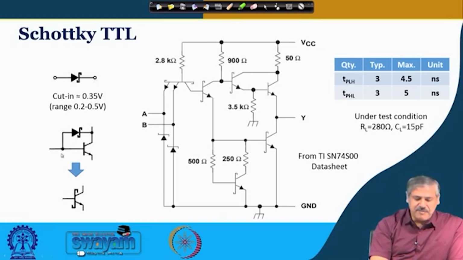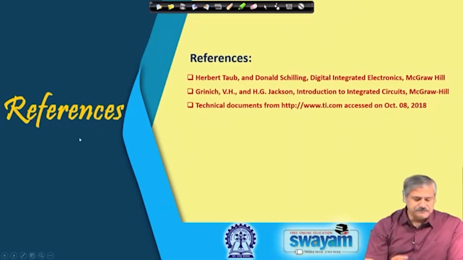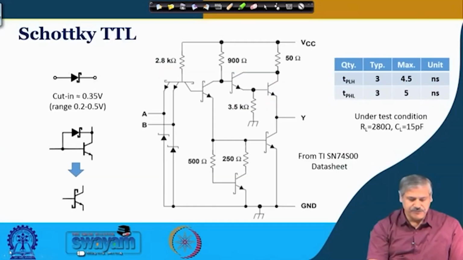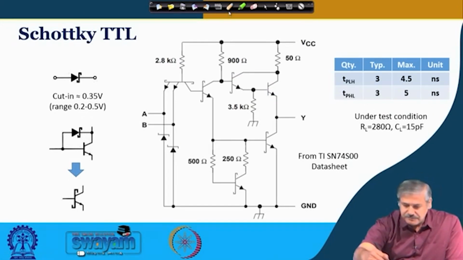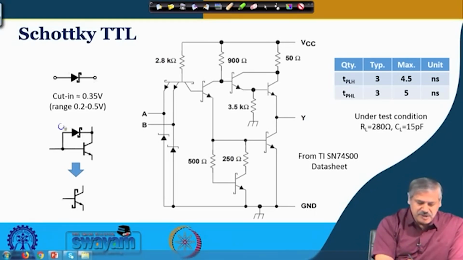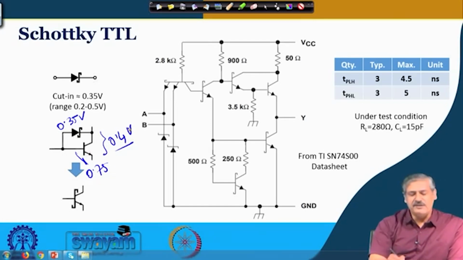So, this is used between base and collector of a transistor, and because of this, this voltage is clamped to say 0.35 volt if you manufacture in that manner, and this is your 0.75 volt. So, this is 0.4 volt or so, which prevents it getting into saturation, so as to say.